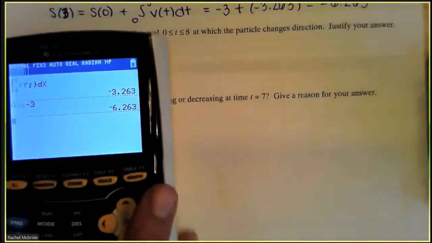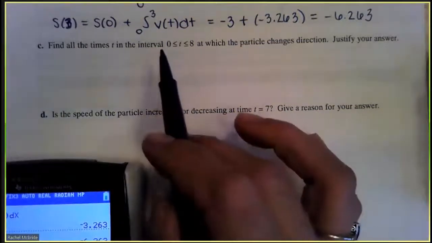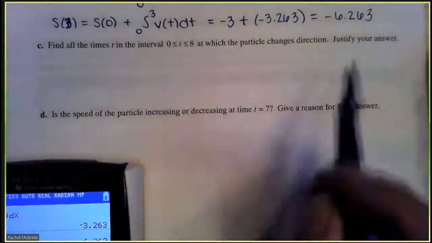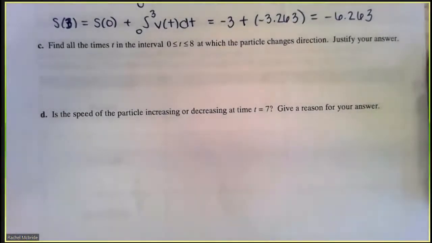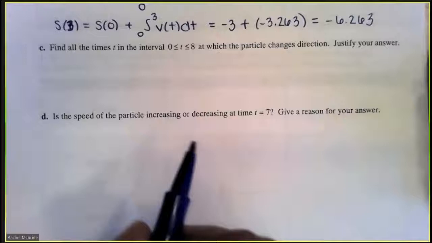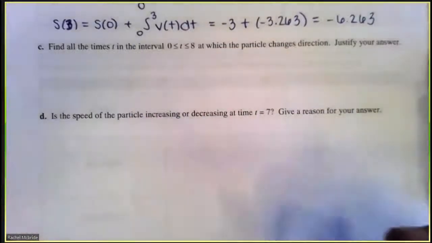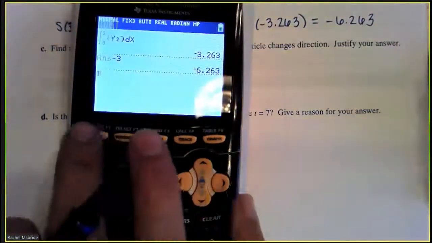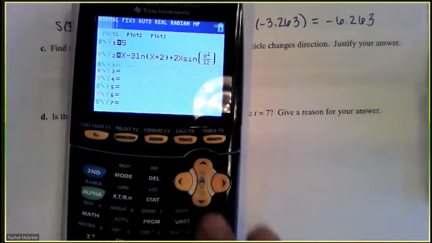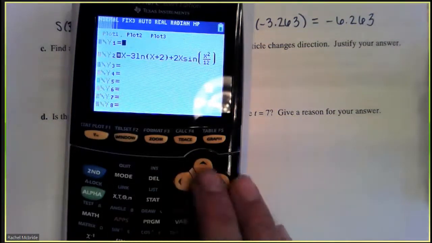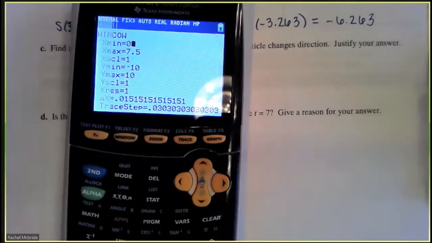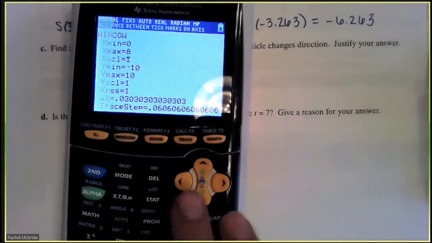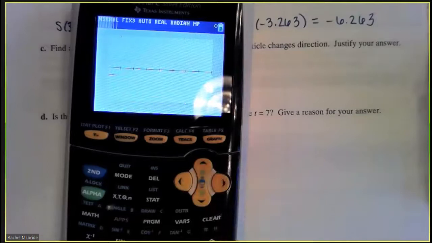Part C, find all times in the interval from 0 to 8 at which the particle changes direction. So the particle changes direction when the sign of velocity changes. We already have velocity in our calculator. I'm going to delete that 5 out of y1, change my window back to 0 and 8, and hit graph and just see what I get.